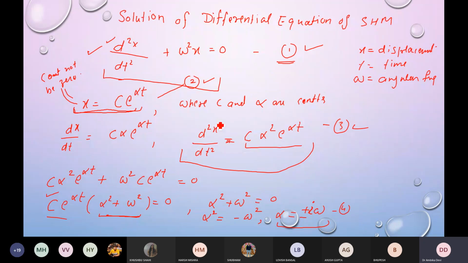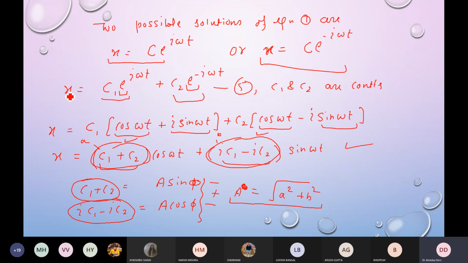Then we found the solution of this differential equation, and the solution was this one: x is equal to c1 exponential iota omega t plus c2 exponential minus iota omega t.